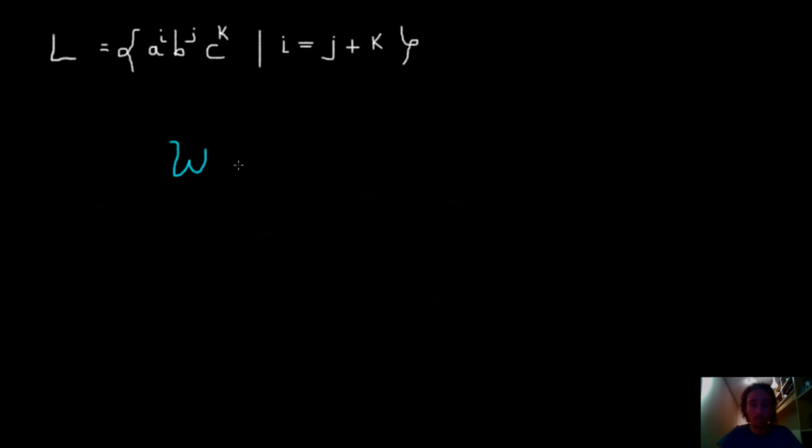In the same way, for instance, we can have the word a, a, a, a, a, and then we have b, b, c, c, c. Here, if we count how many a's we have, we see that we have a total of 5 a's, so here i is 5, as we can see.